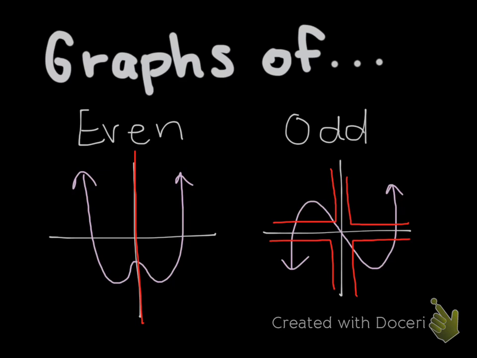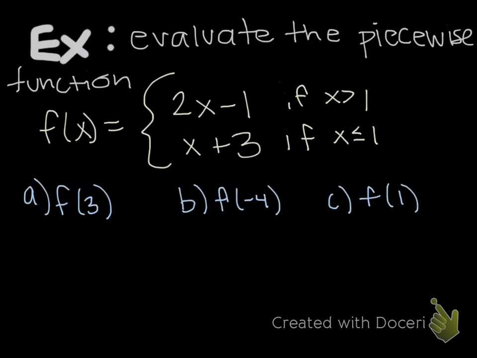If it doesn't fall in either one of these categories, then you would say that the graph is neither. We will go over some pictures tomorrow that I'll give you, and you'll determine if they're even, odd, or neither. The last thing we're going to discuss today, and again, all of this is a review from Algebra 2, and that's why we're kind of breezing through this, is how to evaluate piecewise functions.